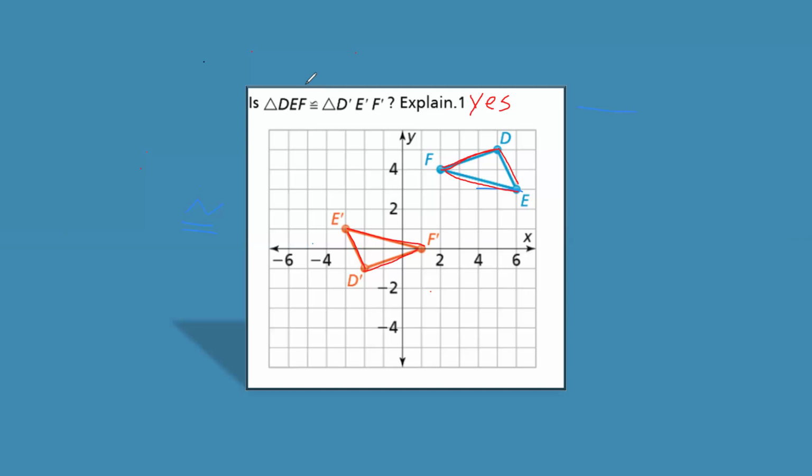Okay, they are congruent. What happened to them? I can answer that shape FDE is rotated, flipped around 180 degrees. But the important thing to know is, yes, they are congruent without more information. Okay, next question.